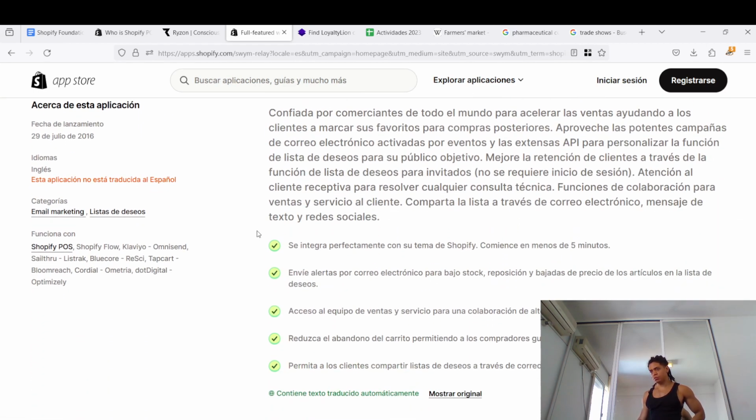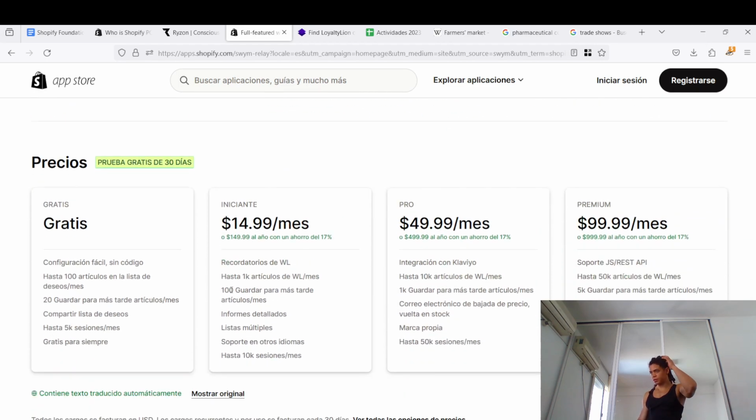Interesting. Email marketing, wish list, Shopify POS, Shopify Flow, Klaviyo, Omnisend, Sell-Through, Tapcart, Cordial. Okay. Interesting. Very interesting.